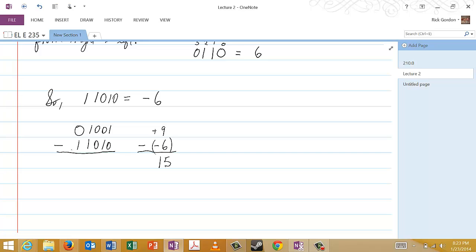Now let me show you what I mean by that. The second number is 1, 1, 0, 1, 0. If we take the 2's complement of that number, we'll call this number n.